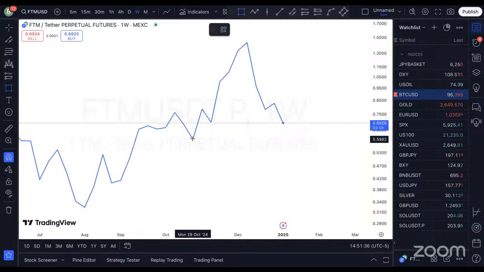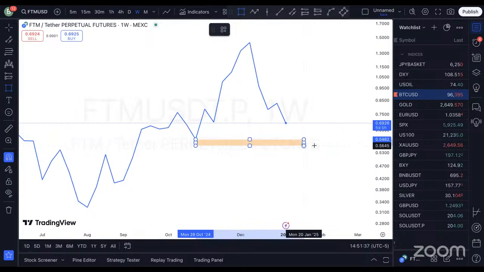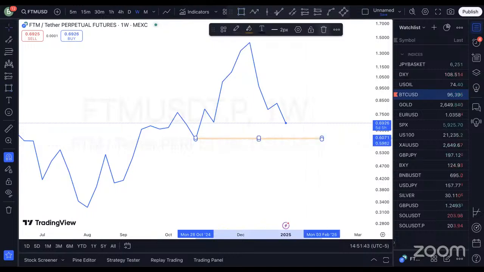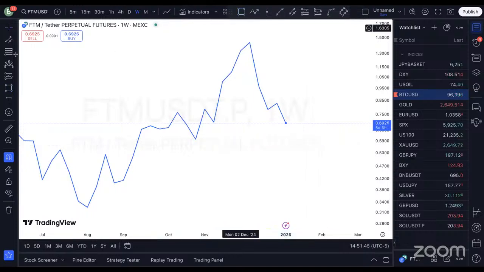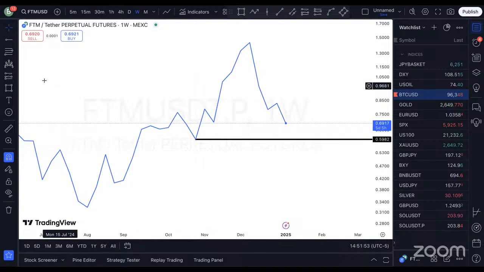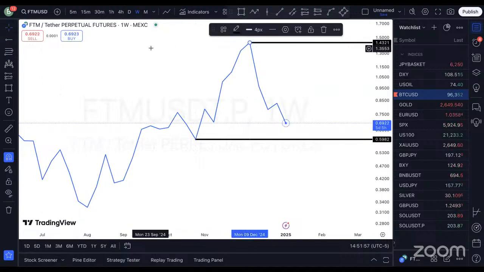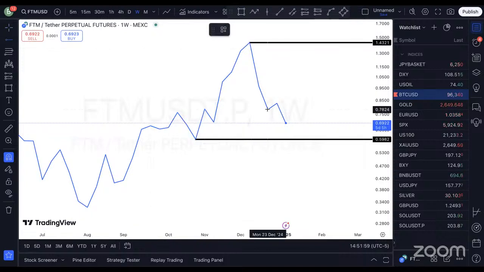So here, let's see. This is a support area. Weekly support. There's no marking here, so let me use weekly support here. Resistance here. It broke this side. This is important because it coincides with this.